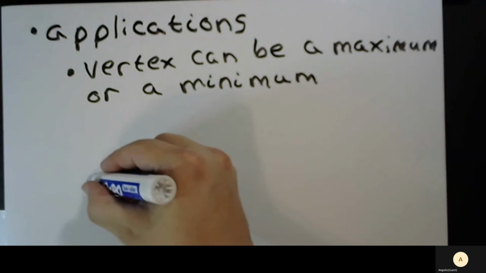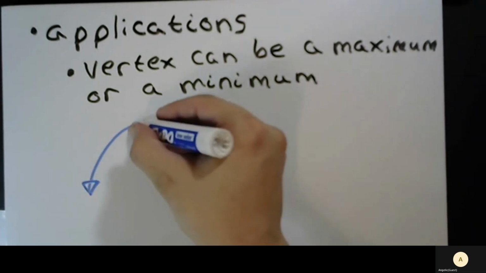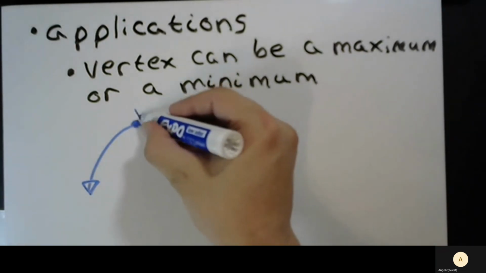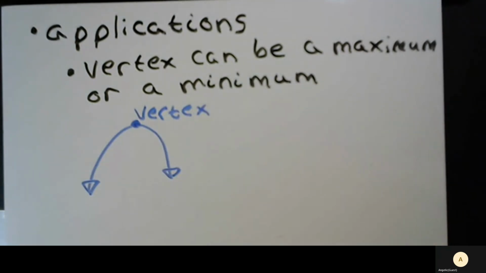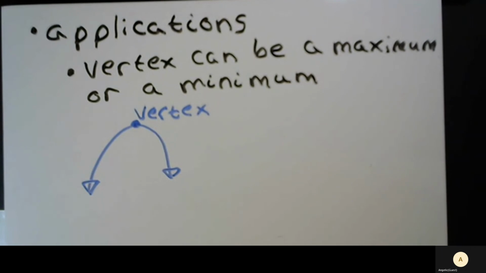So if you have sort of, for us, given our examples, a flipped over parabola, and this is our vertex, this is the highest point on that parabola.